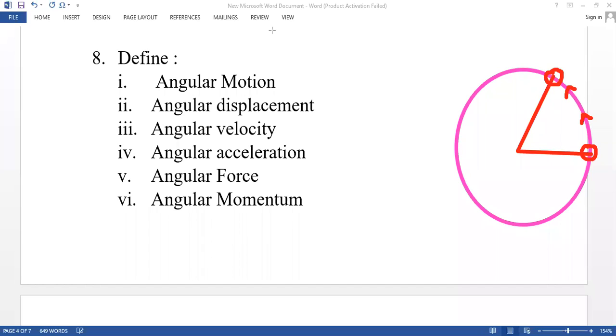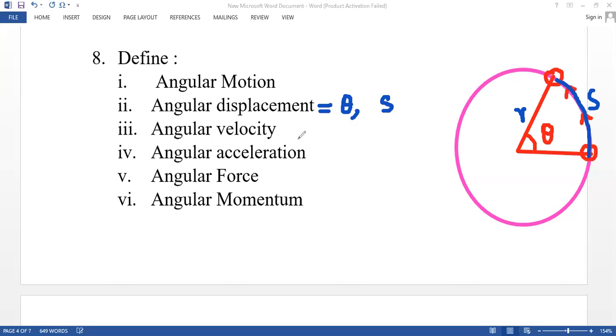That is the angular displacement. And in this case, what is the linear displacement? This is the linear displacement, and it is the radius r. So angular displacement is indicated by theta, whereas linear displacement is indicated by s.